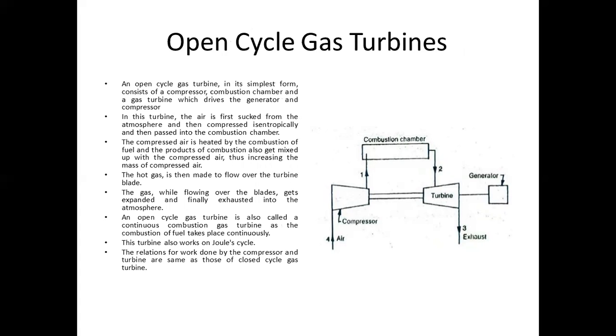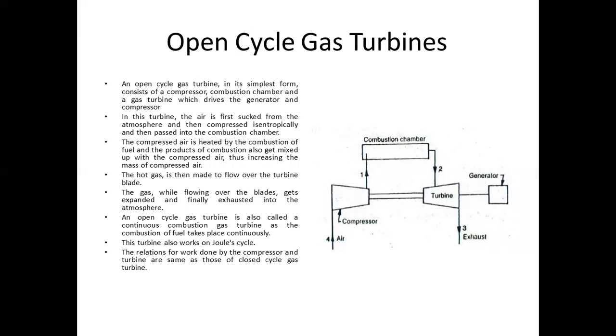Open cycle gas turbines. An open cycle gas turbine in its simplest form consists of a compressor, combustion chamber, and a gas turbine which drives the generator and compressor.